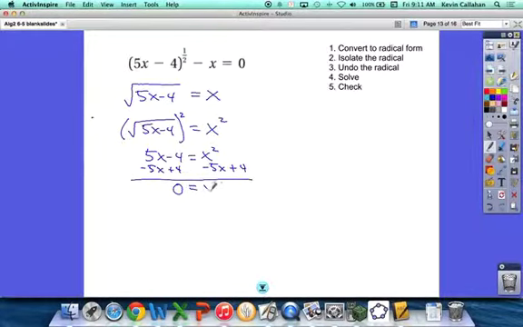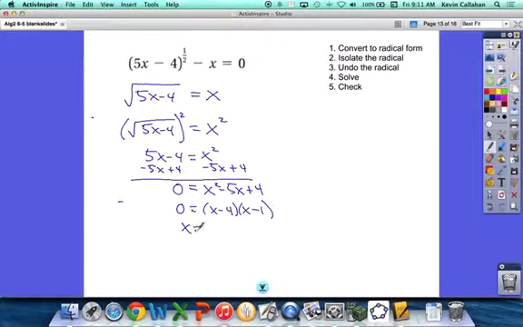On the other side, I've got x squared minus 5x plus 4. Is that factorable? Are there factors of 4 that add up to negative 5? 0 equals x minus 4 times x minus 1.